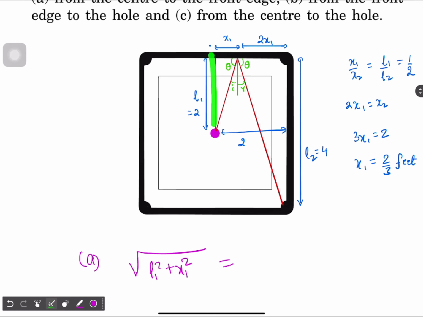L1 square plus x1 square will give me the square of the hypotenuse. So that is root of L1 is 2, squared, plus x1 is 2 by 3, whole squared. So this will be equal to 2 root 10 divided by 3 feet.